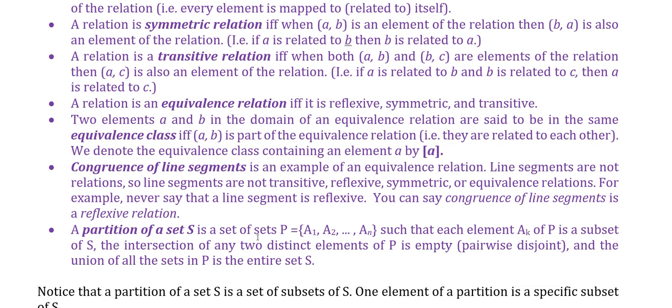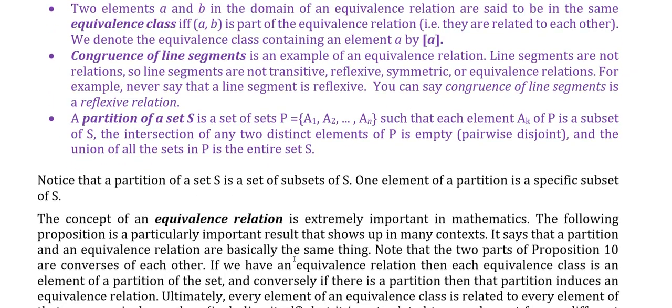And the union of all the sets in P is the entire set S. So notice that a partition of a set S is a set of subsets of S. One element of a partition is a specific subset of S.